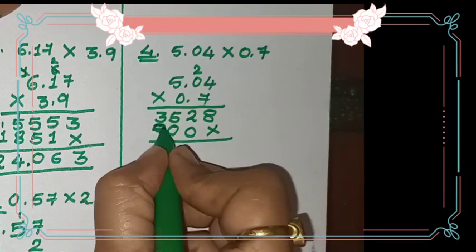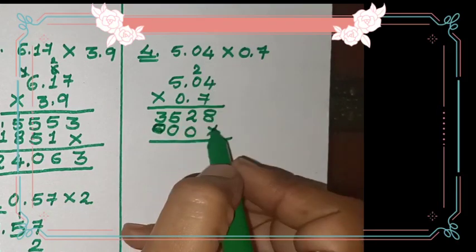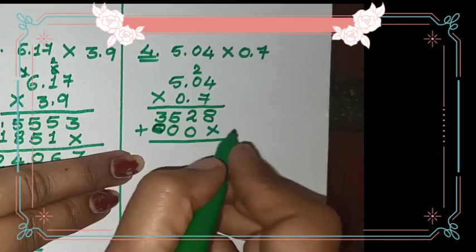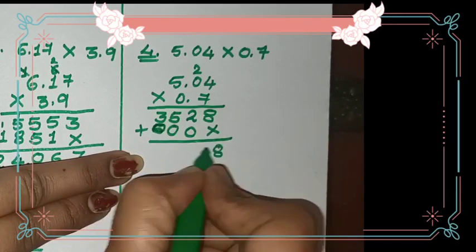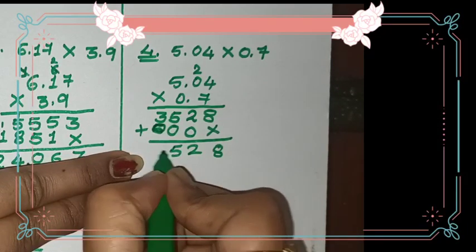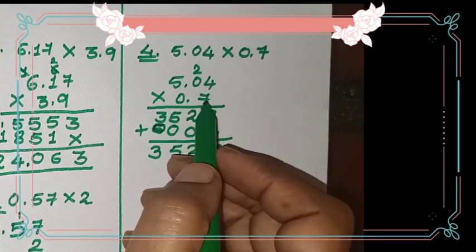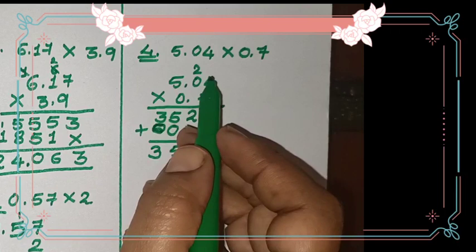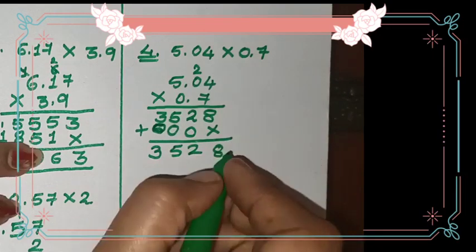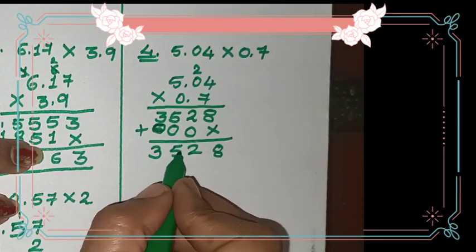Children, here we have multiplied. Here we'll add 8, 2, 5 and 3. See, again we'll count the digits after the decimal point, that is 1, 2 and 3. Okay. So here we'll put the decimal after counting 1, 2 and 3 digits.